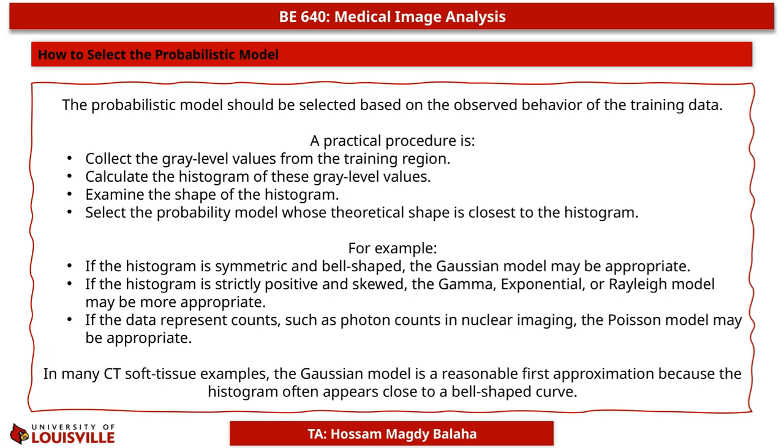In many CT soft tissue examples, the histogram often looks reasonably close to a bell curve. For that reason, the Gaussian model is a useful first approximation. It is still important to treat this as an evidence-based starting point and to compare the model's theoretical shape with the observed histogram before relying on it for further analysis.